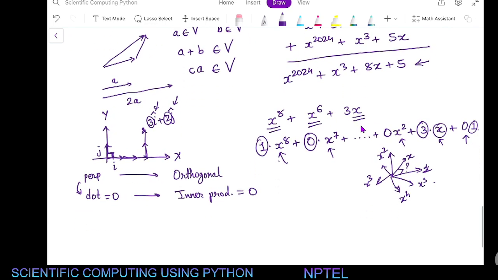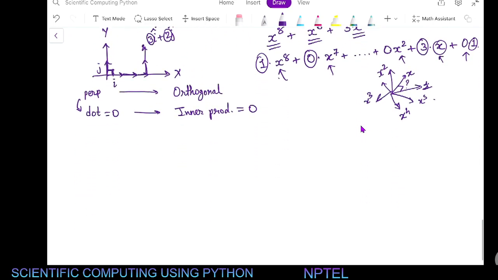So inner product is 0, which means we need to define an inner product or dot product between two polynomials. And there are different ways to do it. The general way is to define a dot product between p(x) and q(x) as integration of p(x) q(x) from a to b, and this is your dot product basically. So this would be the first definition.